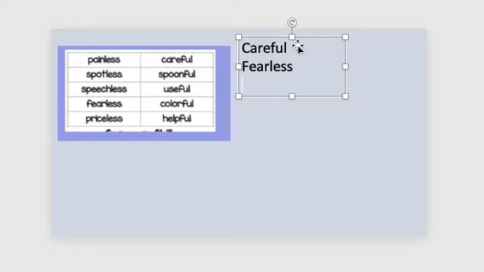A, B, C, D, E, F, G. No G words. H. There's an H word. I. No. J.